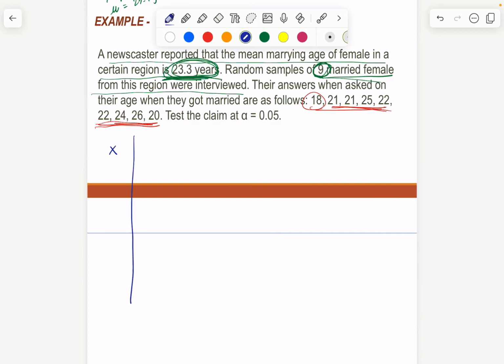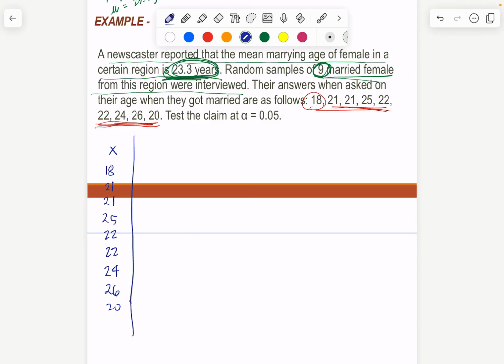So, we have to input 18, 21, 21, 25, 22, 22, 24, 26, and 20. So, you have to put your x here.